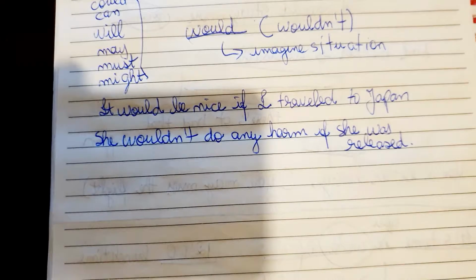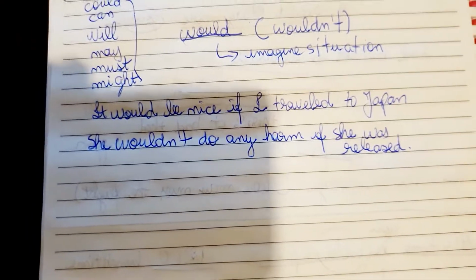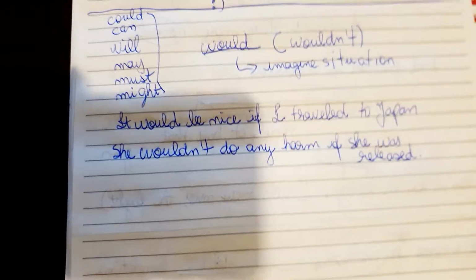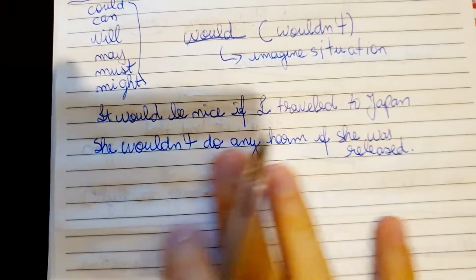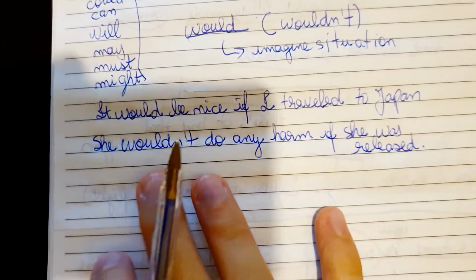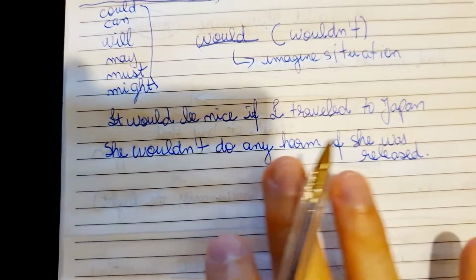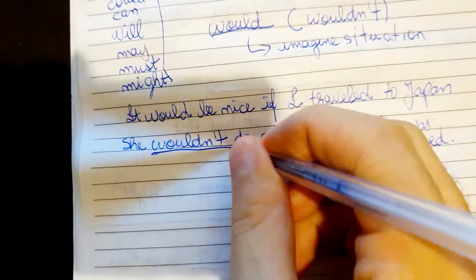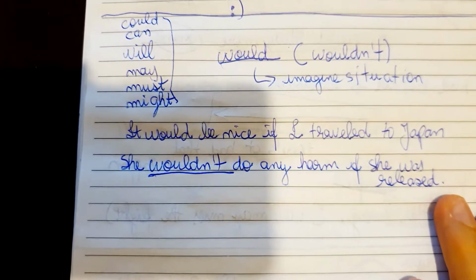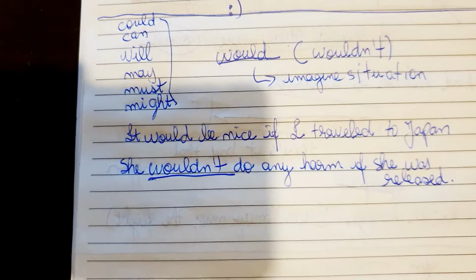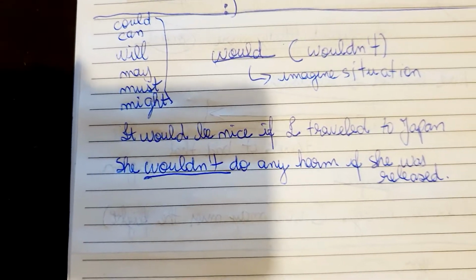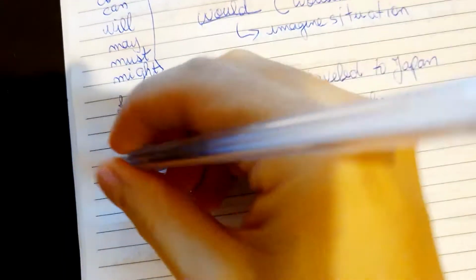So the decision he took is, let's release her into society because she's not any danger. She doesn't pose any danger to society, so she wouldn't do any harm. It's a situation that is not happening yet, but we are imagining, right?